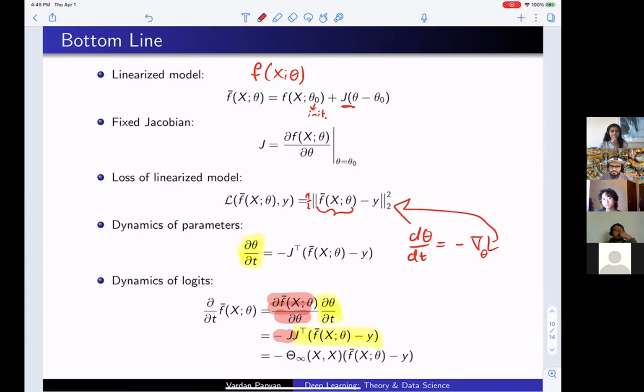Which notation would you prefer? I can customize the slides to your taste. Oh, you like the right hand side better. But we are talking about continuous gradient flows, so it makes sense to talk about the derivative of the parameters with respect to time. Like in gradient descent, you write theta t plus 1 is equal to theta t minus step size times the gradient with respect to theta. And in continuous time, you just write d theta over dt is equal to minus the gradient of the loss with respect to theta. Oh, I see.